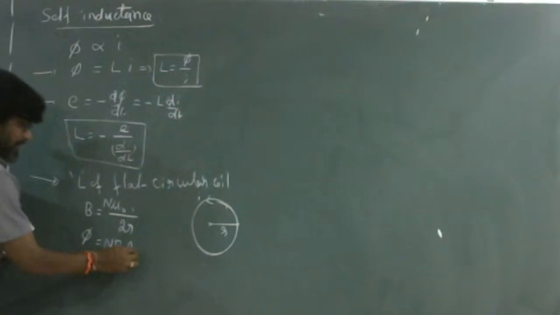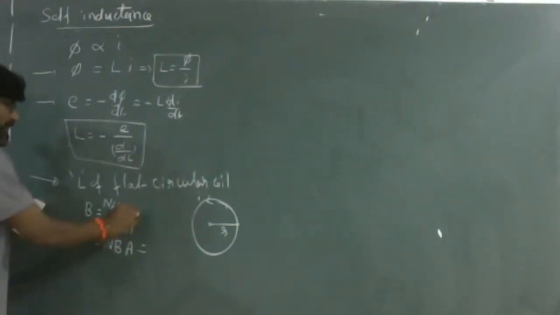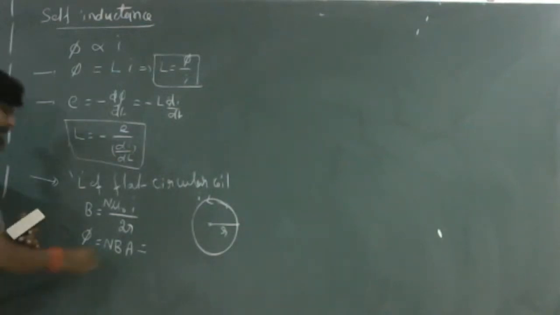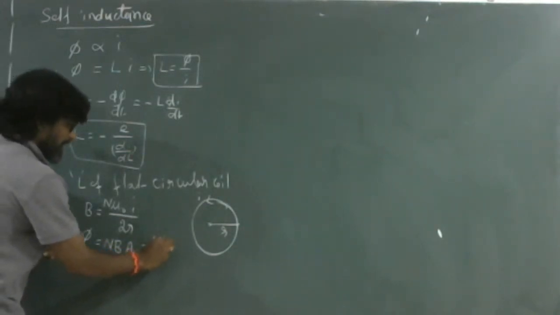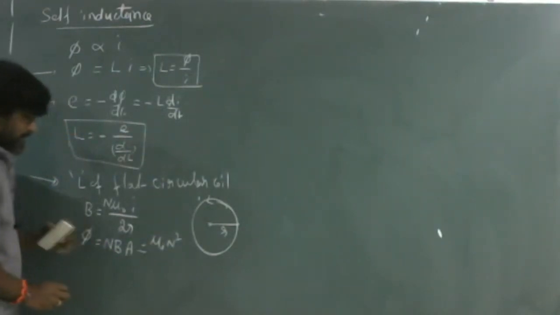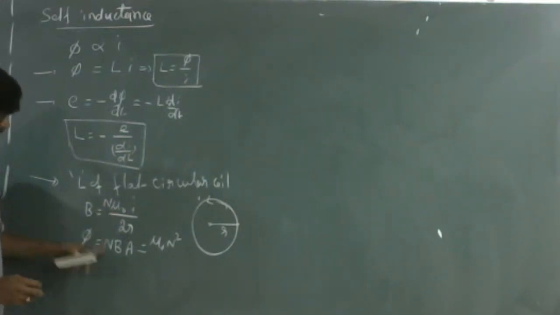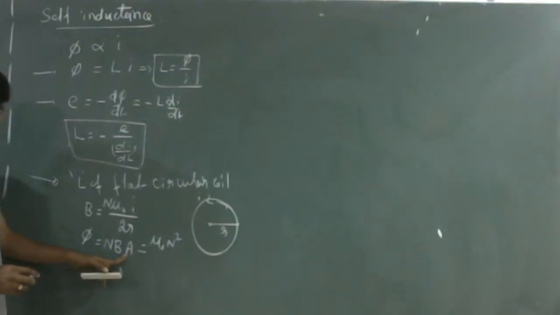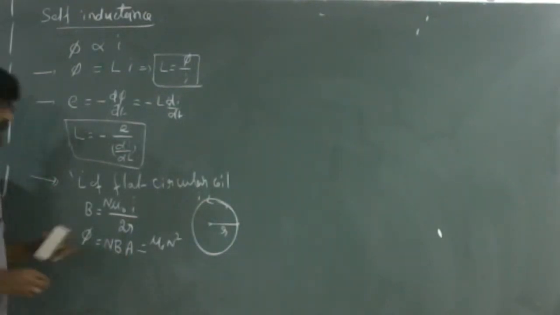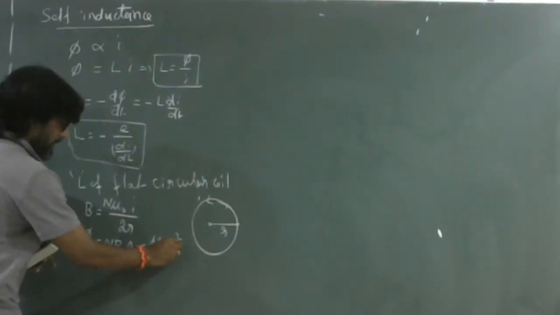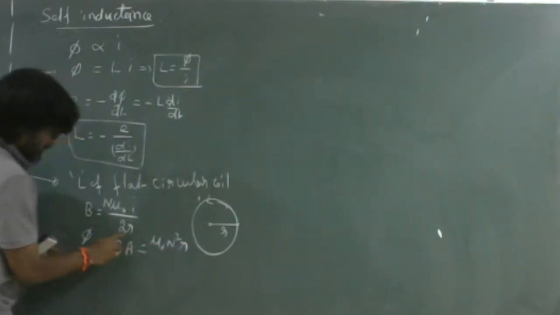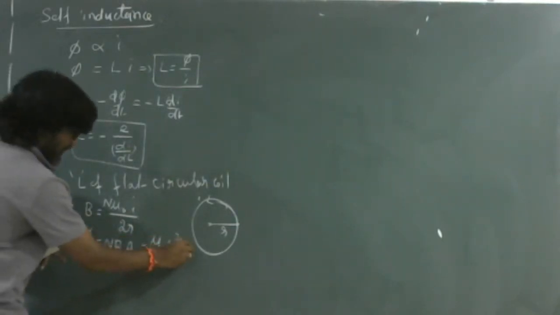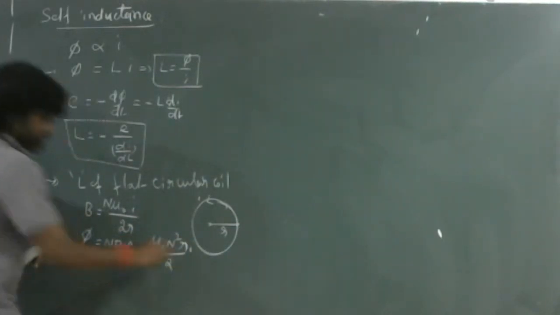Taking the final expression directly, mu naught n square I by 2r into A, and taking A as pi r square, r gets cancelled, giving mu naught n square r I by 2.